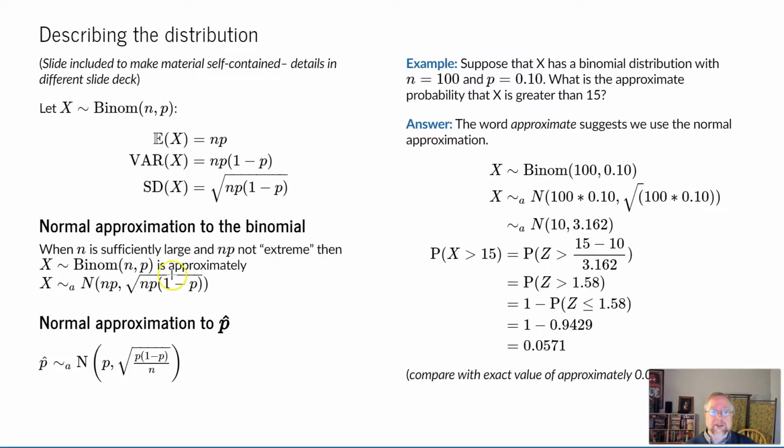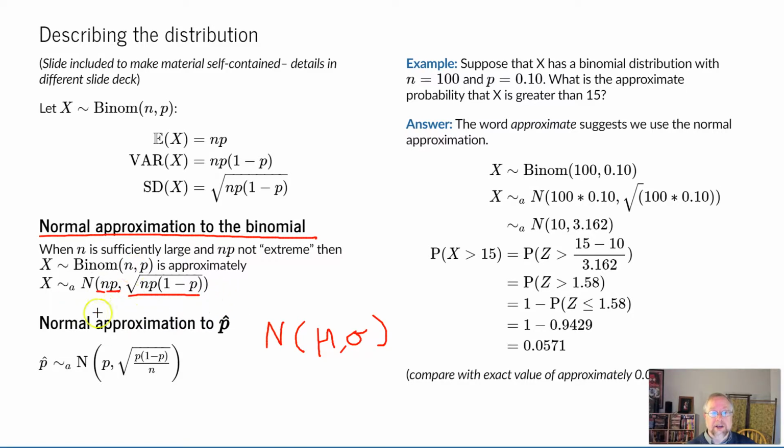Now, what this is related to, and I do want to show you one example because it's so important we're going to be dealing with it, is something called the normal approximation to the binomial. Remember, when we had a normal distribution, it had a mean and a standard deviation. So I hope it doesn't surprise you that if you're approximating a binomial distribution, you put in the binomial distribution's mean and standard deviation.